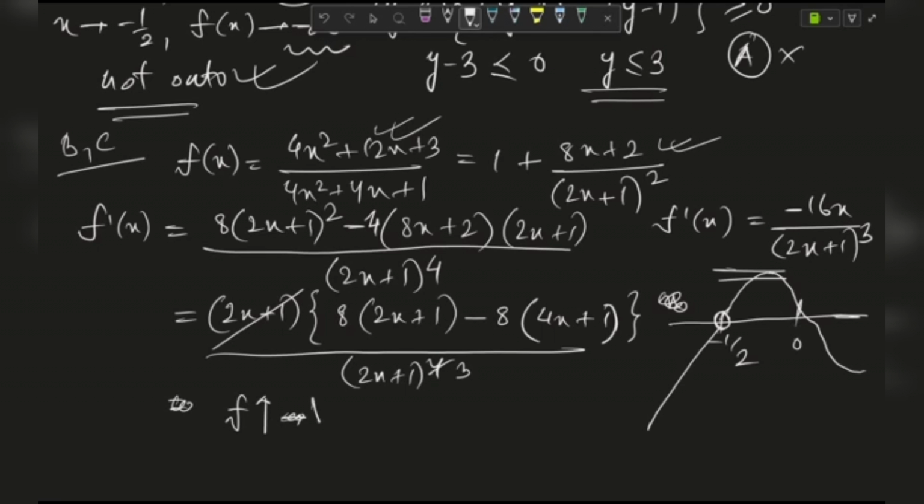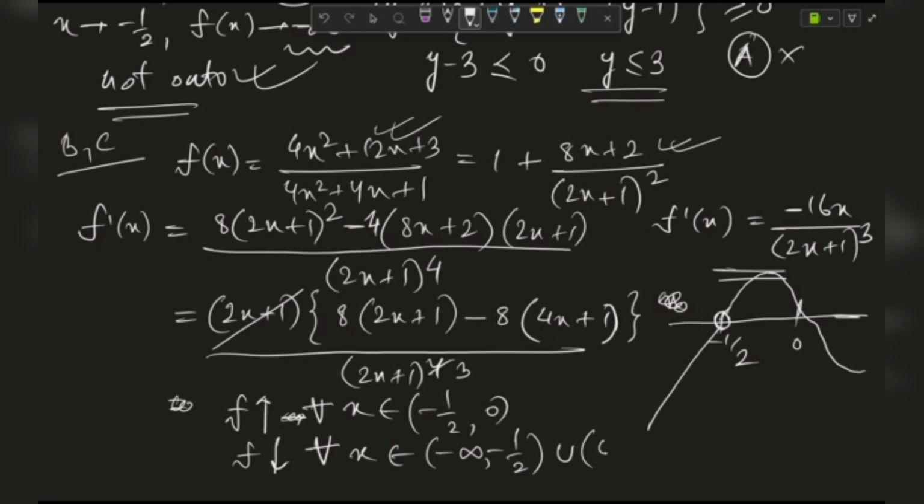This will increase for x belonging to minus half to 0, and f will decrease for x belonging to minus infinity to minus half, union with 0 to infinity. Basically these two parts, right? This and this. So yeah, now we have the increasing, decreasing intervals and everything else.